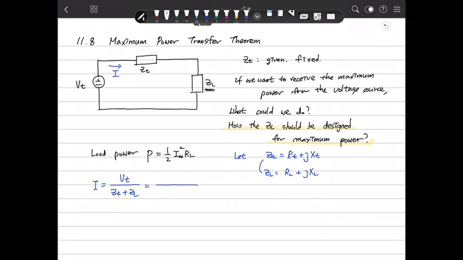So that will be represented as Vt over (Rt plus RL) plus j(Xt plus XL).